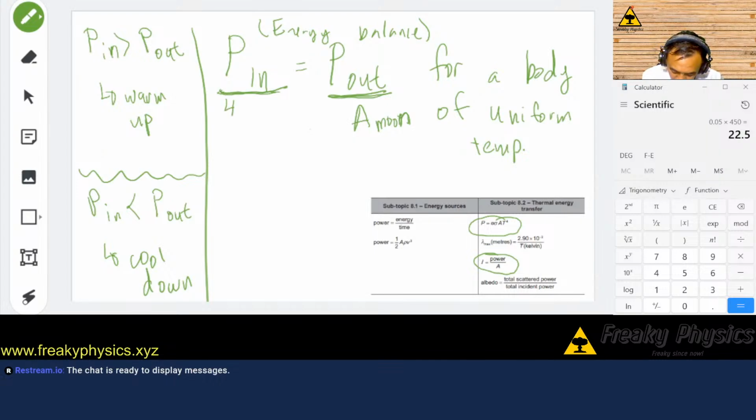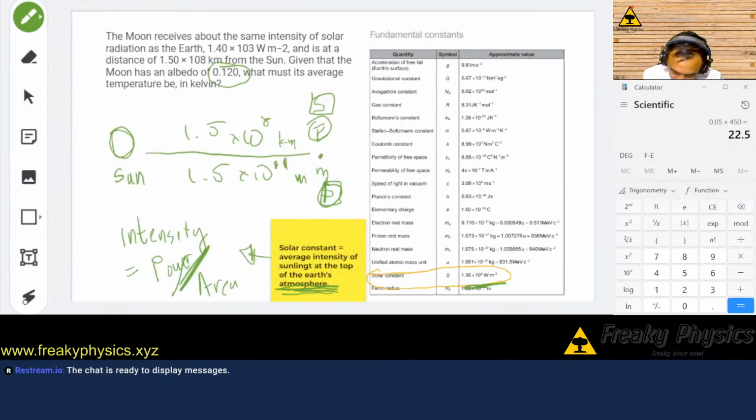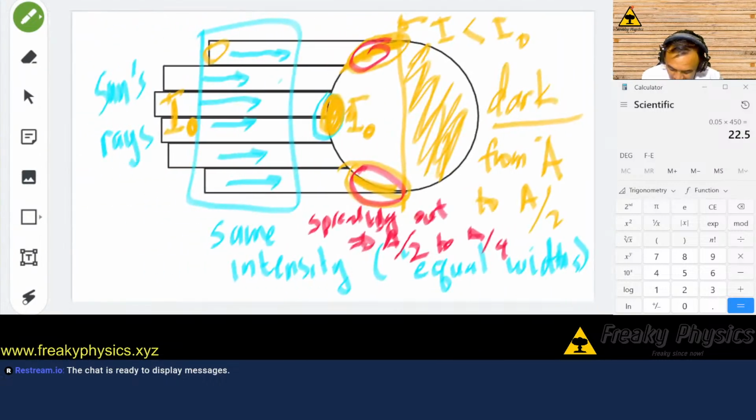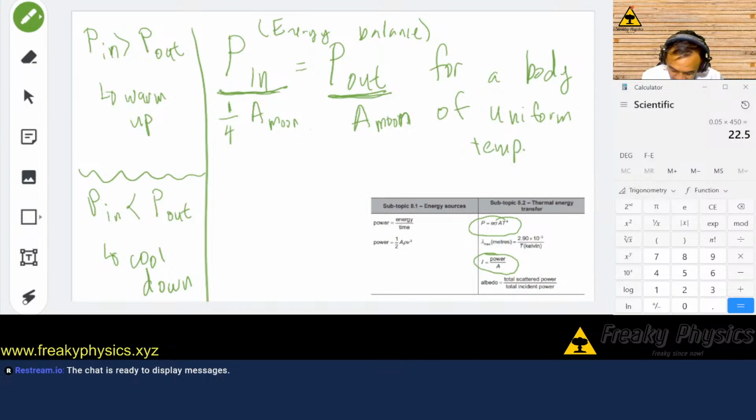I'm sorry, I'm going to have to divide this by the area of the moon as well, but just 1/4 of it, because of our argument here. Because of this, we're going to get 1/4 of the intensity in should be equal to the intensity out.